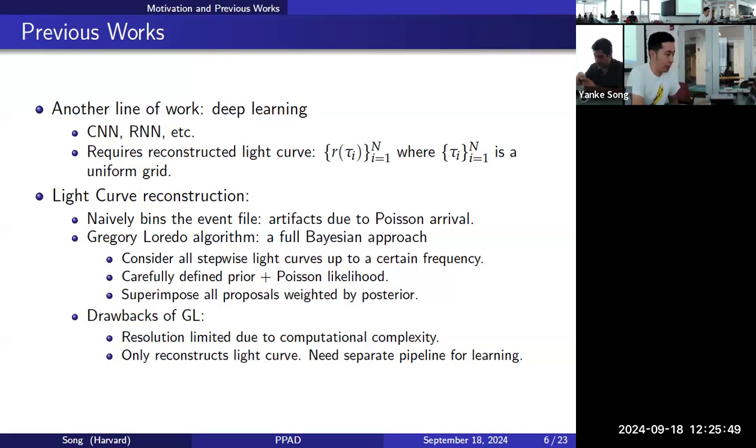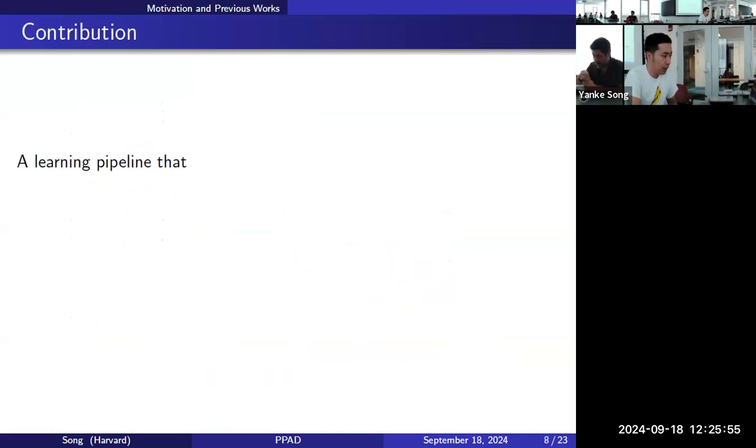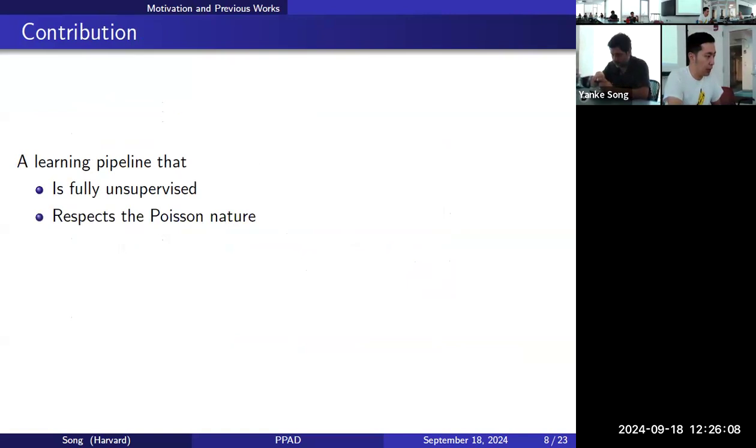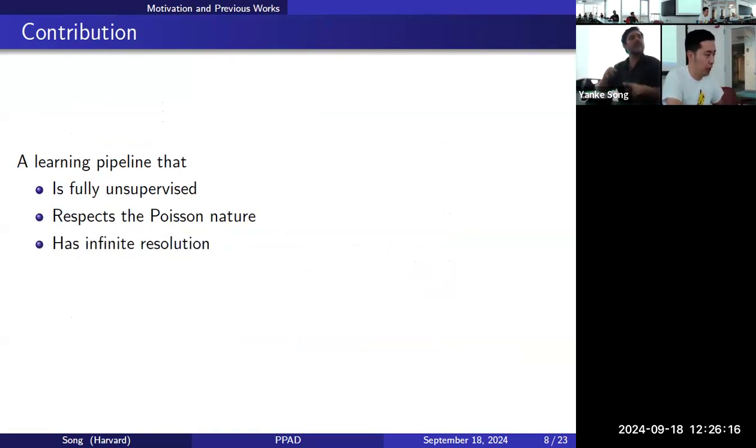Right. So these are basically all the previous approaches for X-ray source learning. In this talk, I'm going to propose a learning pipeline that, first of all, is fully unsupervised. We don't need any labels to do the learning. It respects the Poisson nature, meaning that it doesn't overfit to artifacts if we just do naive binning, for example.